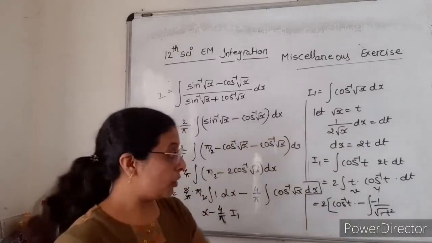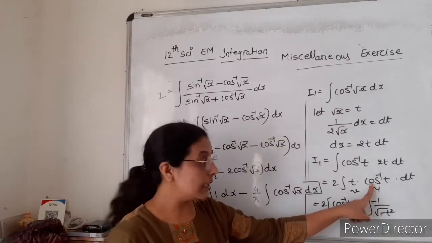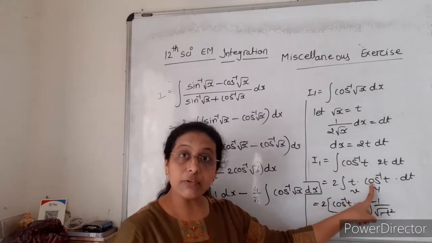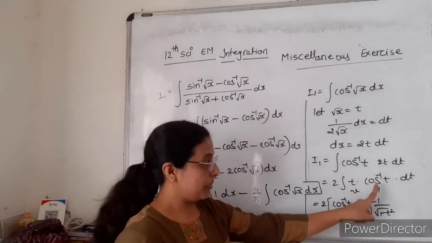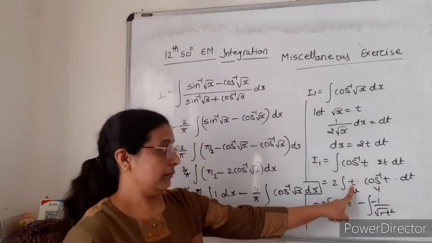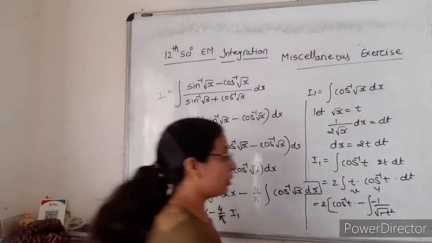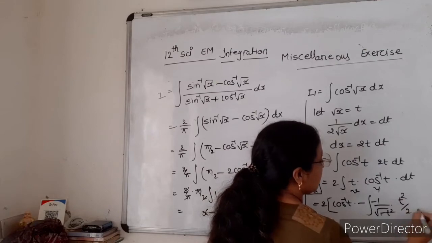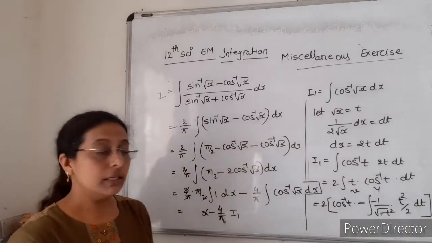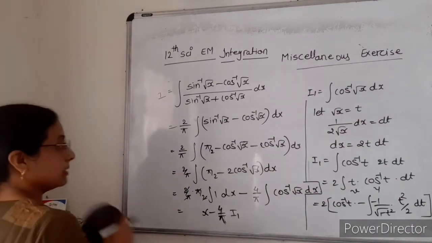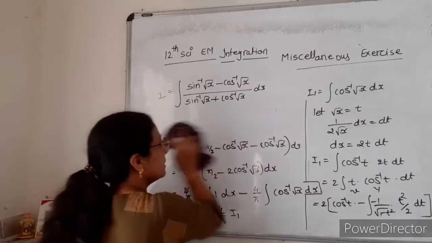The derivative of u, that is cos inverse t, is minus 1 upon under root of 1 minus t square. Yes or no? Yes. And here it is integration of t square by 2 dt. This is our integration by parts. So now what is it?